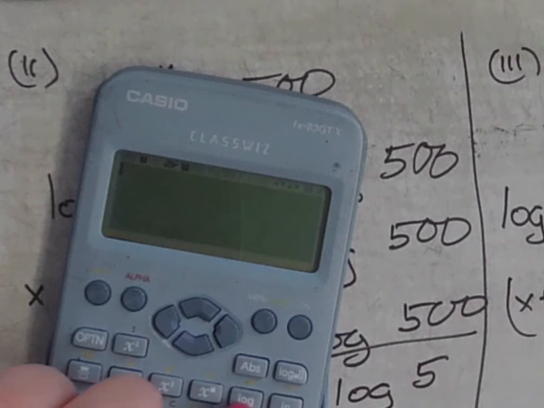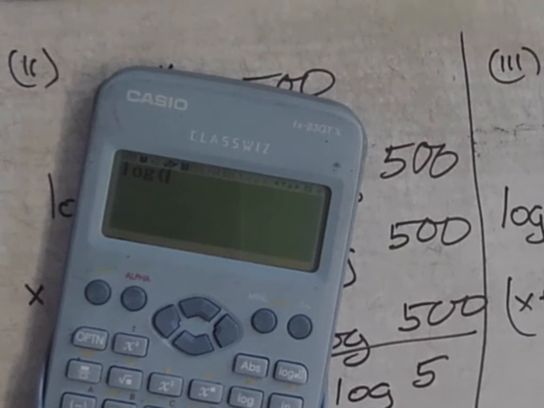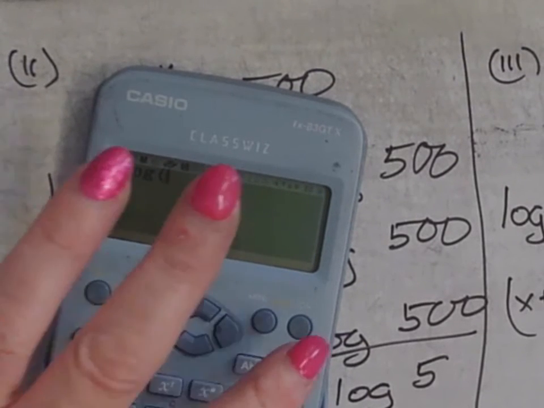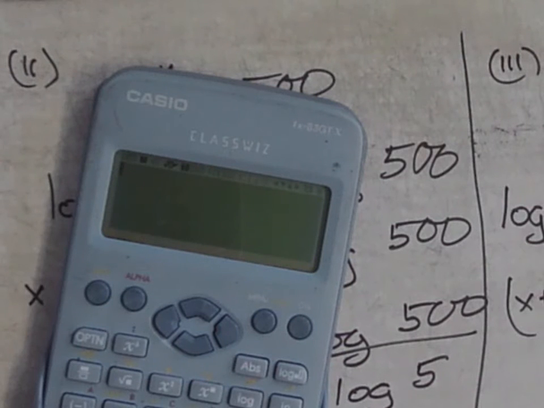Whereas if you just use the log button, that's log to the base 10, you don't have to put in the base. It says log, the base 10 is understood. You just don't have to type in the 10, right? Is it a big deal? Not really, no. If you're typing one number, I'd say you get over it.